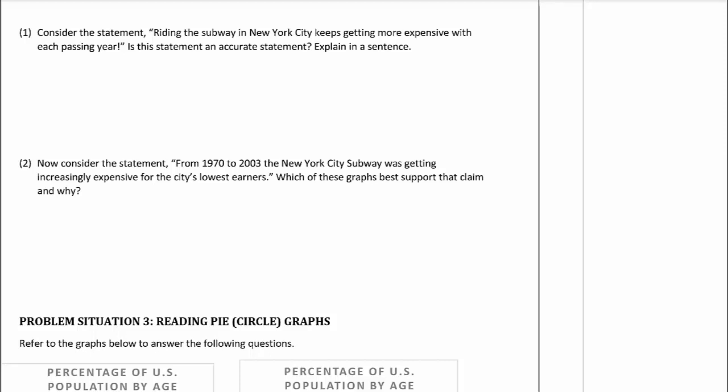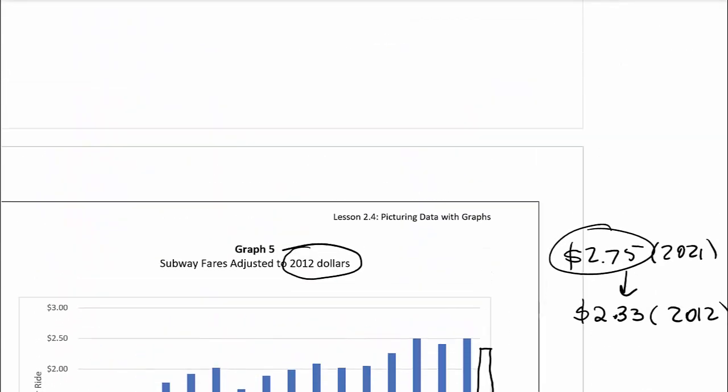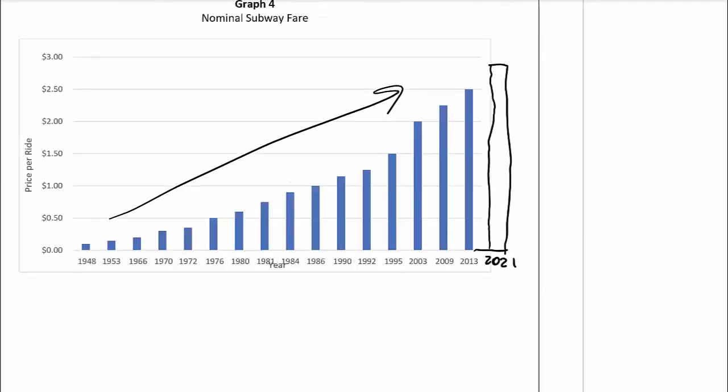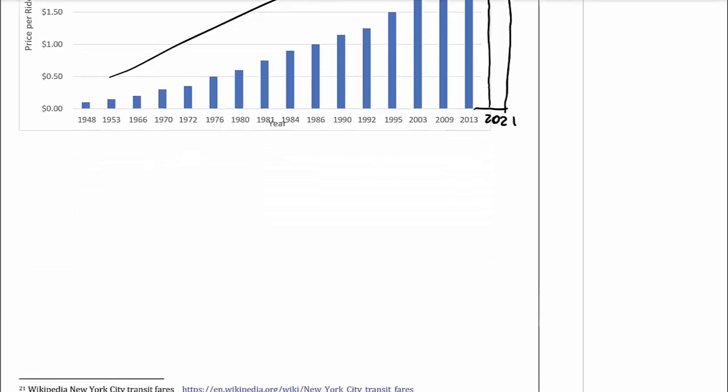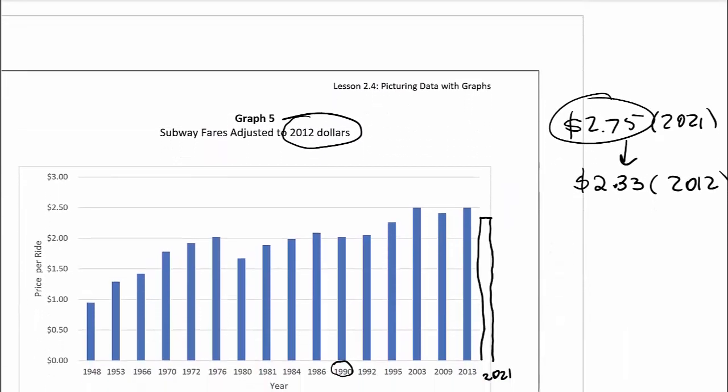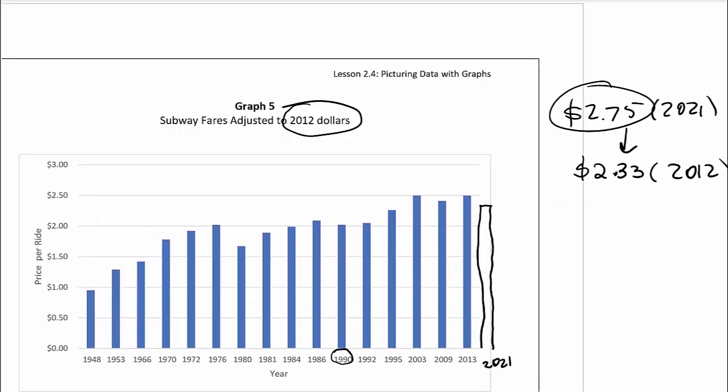All right, let's review. So this is false, from the graph that we see. All right, yes, it's increasing. I'm not claiming that it's not. It is going up. But when you look at how it compares to the relative cost of everything else, it has remained steady from the year, I would say maybe 1972.